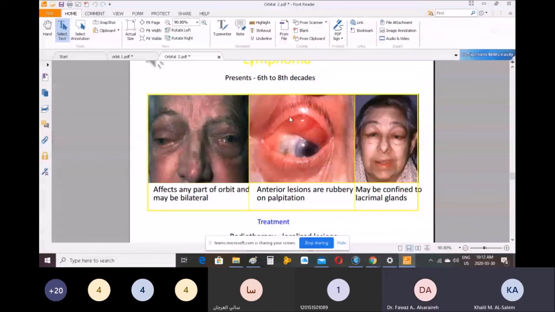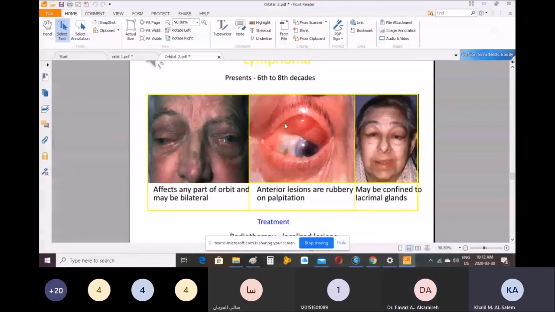You might think of it as a salmon patch, or it looks like beef. As you can see, there is a large tumor, usually superior, inferior, can be in any part of the orbit.